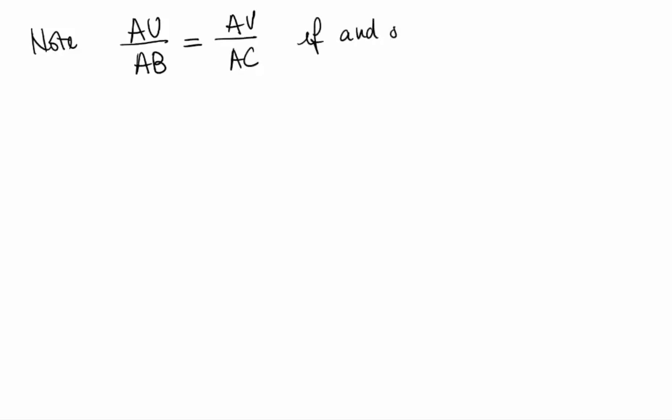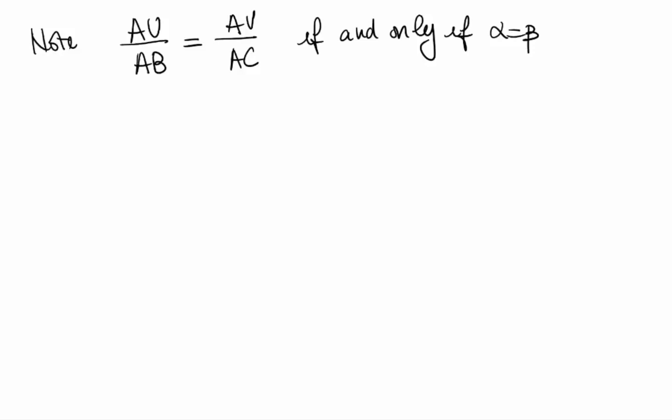Now note that AU over AB is equal to AV over AC if and only if alpha is equal to beta, because one is equal to 1 minus alpha and the other is equal to 1 minus beta, right?